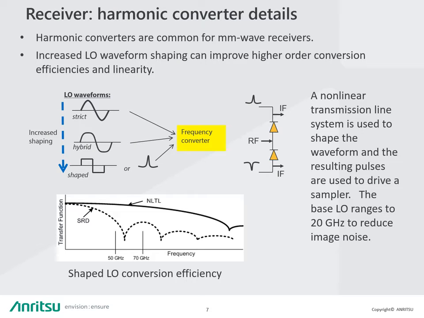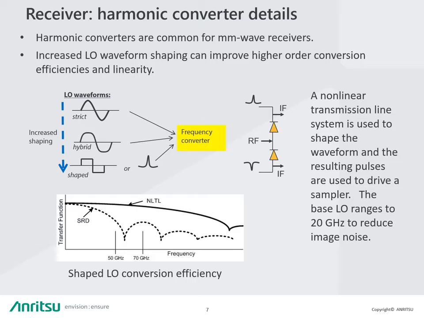Harmonic converters are often used in millimeter wave receivers. And usually what happens is the LO waveform in these receivers will be shaped in order to improve on the higher order conversion efficiencies and the linearity of the receiver.